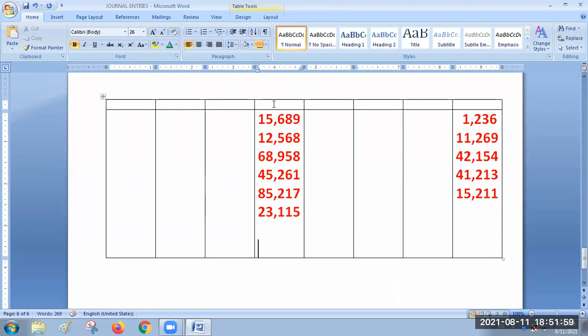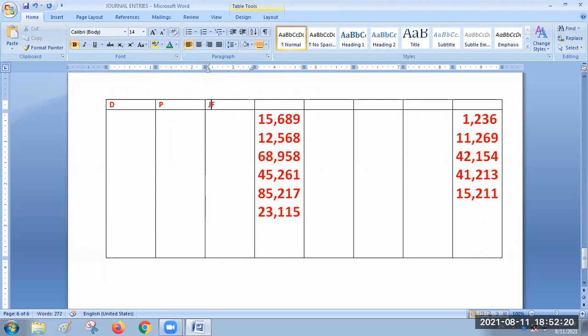Okay. Then, see, you all know, this is date, this is particulars, this is JF number, sorry. We are in ledger, no? We are in ledger, so the LF number, JF number will come.